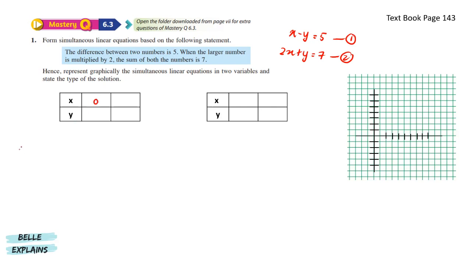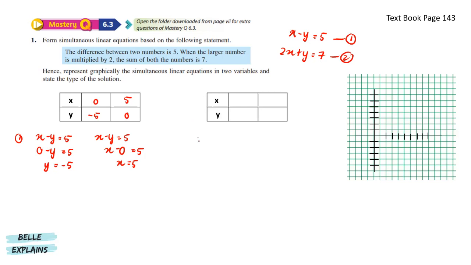Let's put that in the table like before to find the values. We'll start with equation 1. If x equals 0, let's sub that in to find the value of y. We get the value of y at negative 5. Next, if y equals 0, we can sub that in to find the value of x at 5.